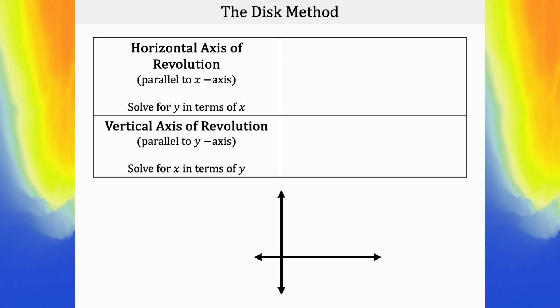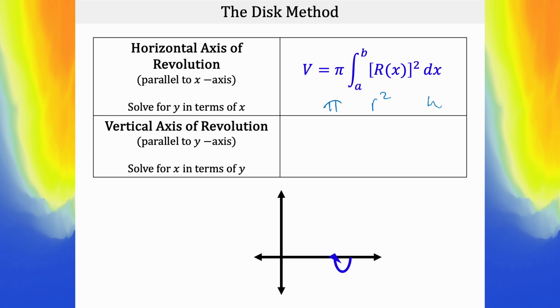We call this the disk method, and you can rotate functions around the x-axis, the y-axis, or anything parallel to those. So let's say you take a function and rotate it around the x-axis or any line parallel to the x-axis, then you would use this equation here, which is what we just did. We've got pi times the radius squared times the height, integrated over whatever interval we need.